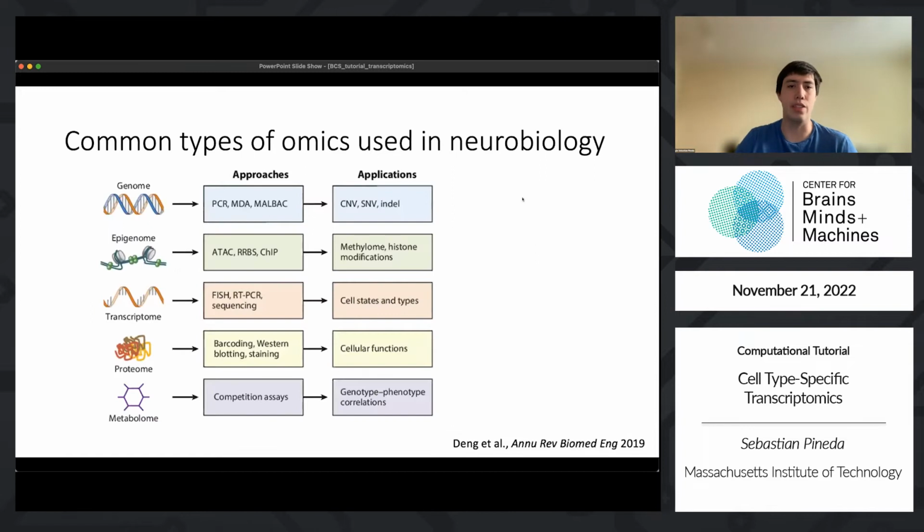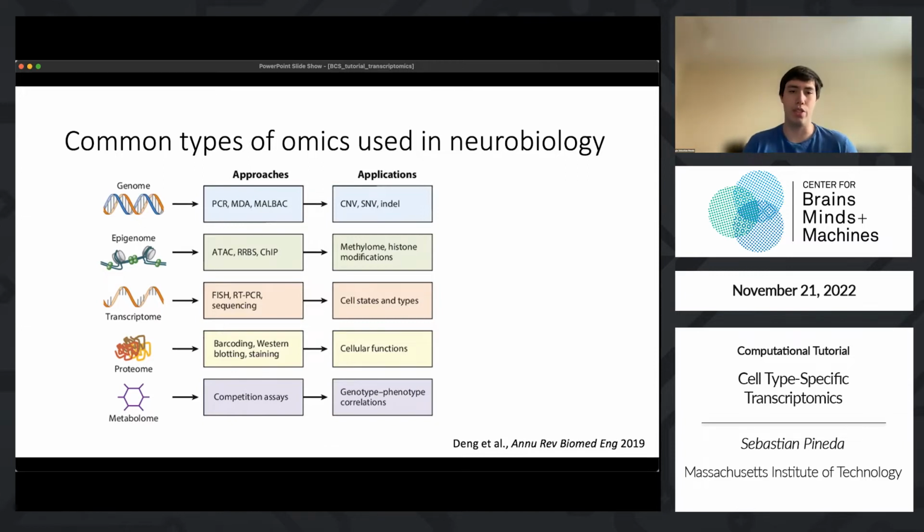introduction here. There are different types of omics technologies used in biology that allow us to gain insight into different levels of abstraction. Genomics is concerned with the study of the genome, specifically the genome sequence, its function, and its variation. We have epigenomics, which focuses on the structure and modifications to the genome.